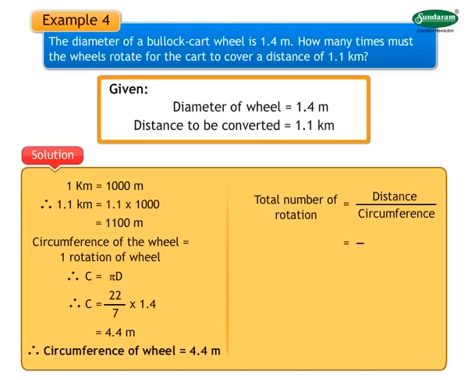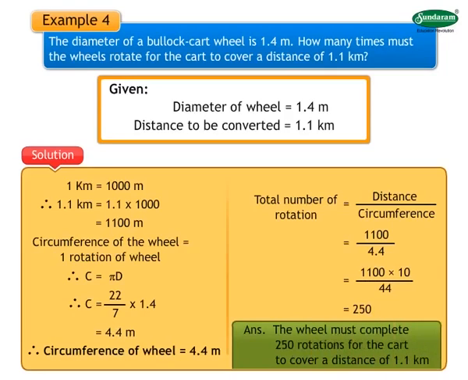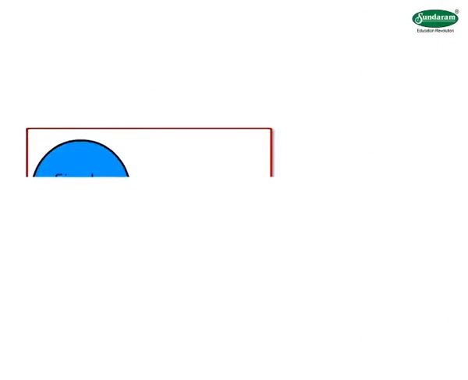Therefore, 1100 divided by 4.4, which is equal to 1100 into 10 upon 44, which is equal to 250 rotation. So, the answer is the wheels must complete 250 rotations for the cart to cover a distance of 1.1 kilometers.